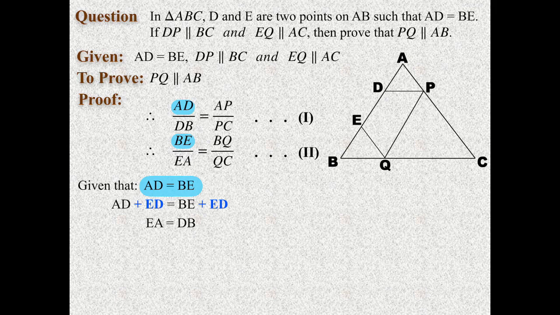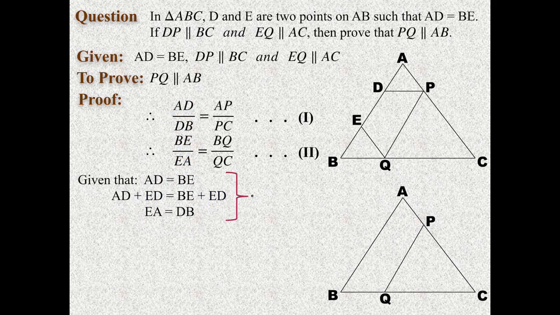And since EA is equal to DB, we have EA and DB as the denominators on the left hand sides of results 1 and 2.